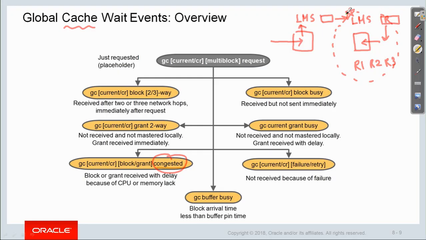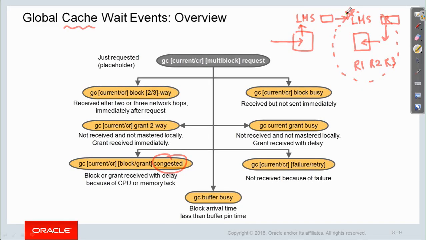Is it because of a lack of CPU? LMS is already running with the highest priority. So starting more LMS may not give you a better benefit. So you will have to diagnose the server to see why LMS doesn't respond properly in a timely manner. So that's what you have to take a look at.